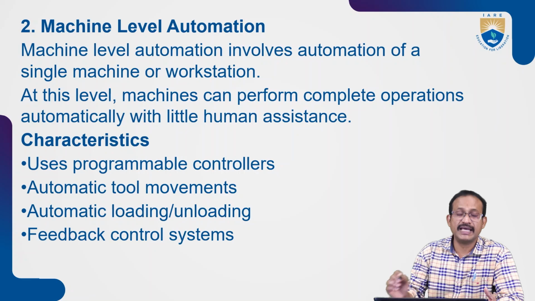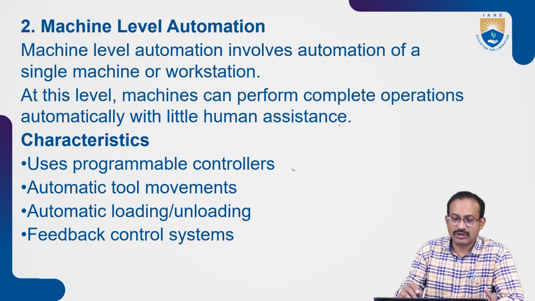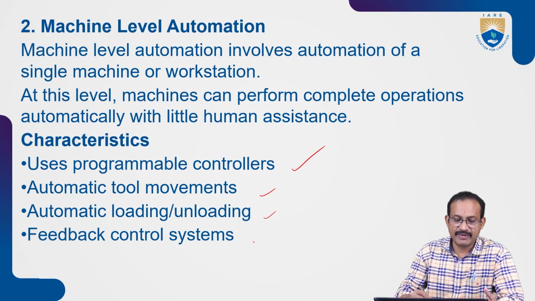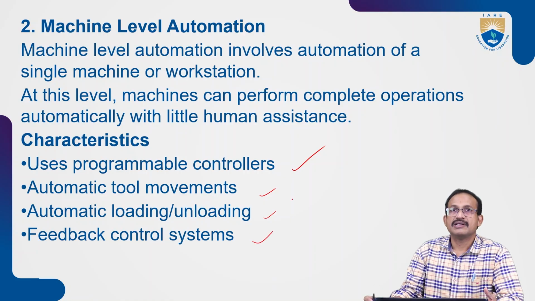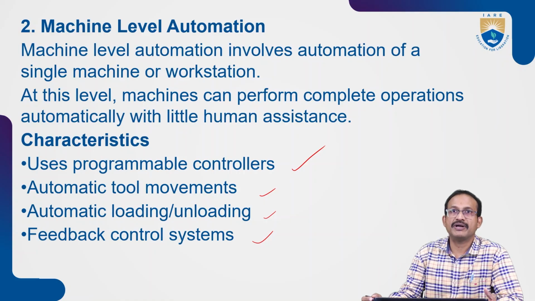Now let us see the characteristics of machine level automation. It uses programmable controllers, automatic tool movements, automatic loading and unloading, and feedback control systems. While work is being performed on a machine, raw material should be loaded.